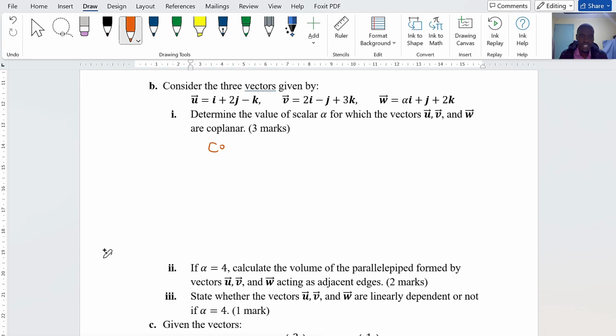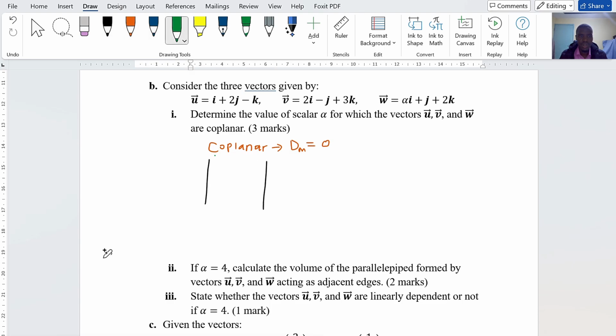For coplanar vectors, we said the vectors lie on the same plane. Mathematically, if the determinant of the matrix they form is 0, then the vectors are coplanar. They lie on the same plane. Now, for us to get the determinant of the matrix formed by the three vectors, we need to put them.